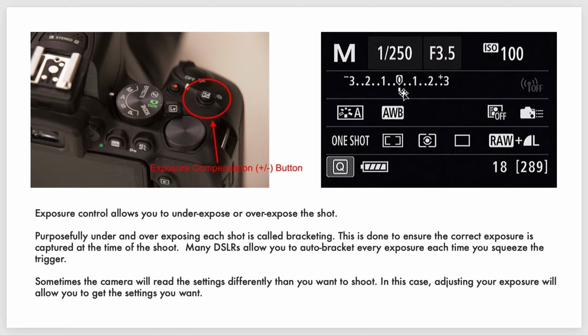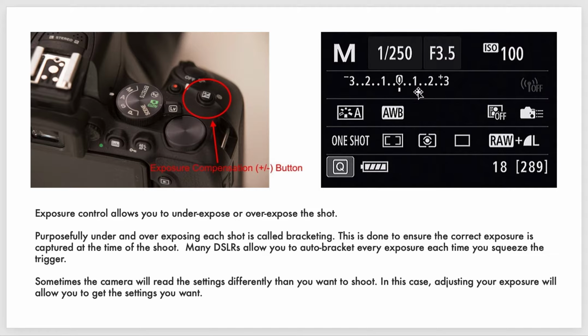But if you want to bracket, there's a way to, and this one has the bracketing set on, allow the camera to automatically, when you squeeze the trigger, do an underexposed stop, a properly exposed, and an overexposed. When I was in college, we had a professor who did a lot of photography, and the thing he kept saying over and over again was bracket, bracket, bracket.